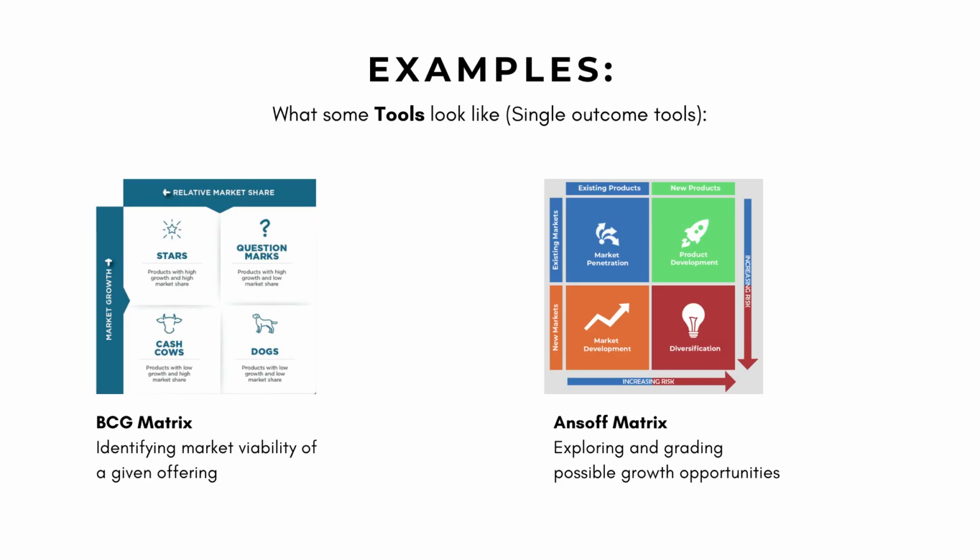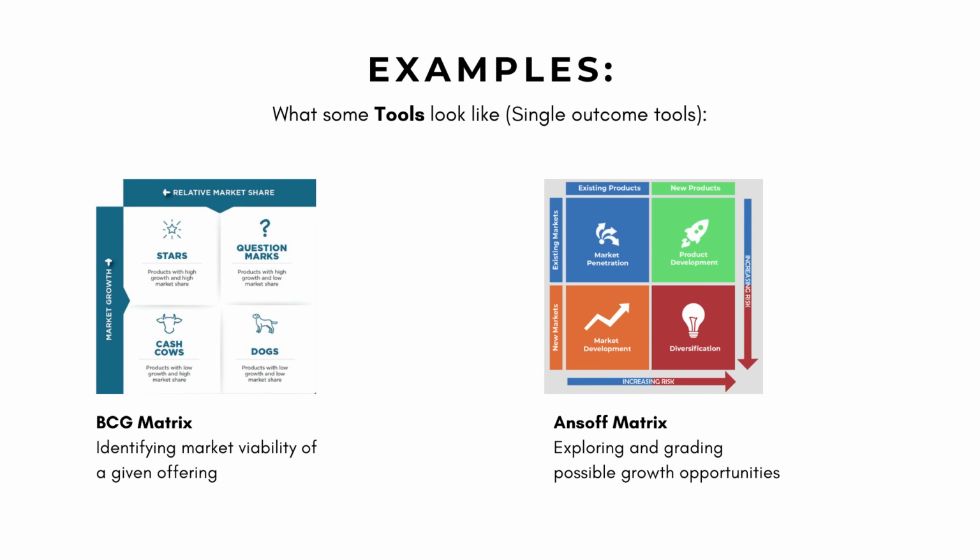So basically, an example of what tools might look like might be the BCG matrix, where you are identifying the market viability of a given offering, or the Ansoff matrix, where you are exploring and grading possible growth opportunities. I like to call these particular tools single outcome tools because when you use them, you get one specific answer.